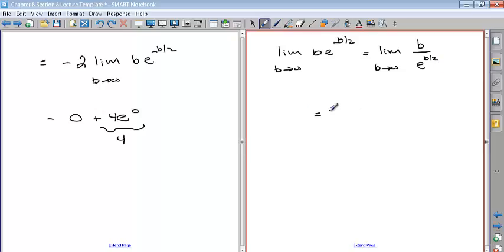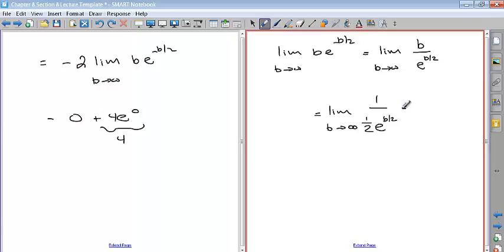So what we do is we take the derivative of each part with respect to b. So you get 1 divided by 1/2 e to the b over 2. So that's using the chain rule. The derivative of b over 2 with respect to b is 1/2. That's where the half comes from. The derivative of e to the u is e to the u.